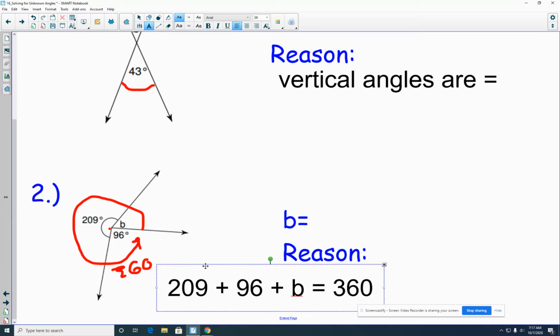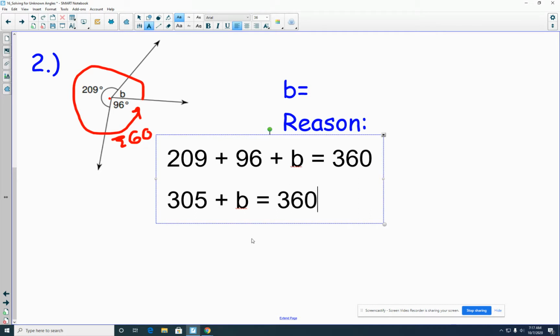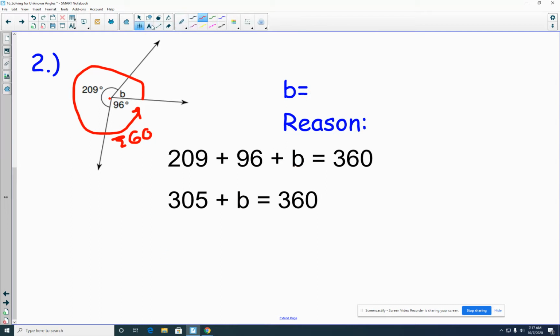And then I could go ahead and I can solve, right? I can combine like terms. So 209 and 96 is 305. Bring down my b and bring down my 360. And now I can subtract 305 from both sides. Maybe I'll do it like this, right? I can subtract 305 from the other side.